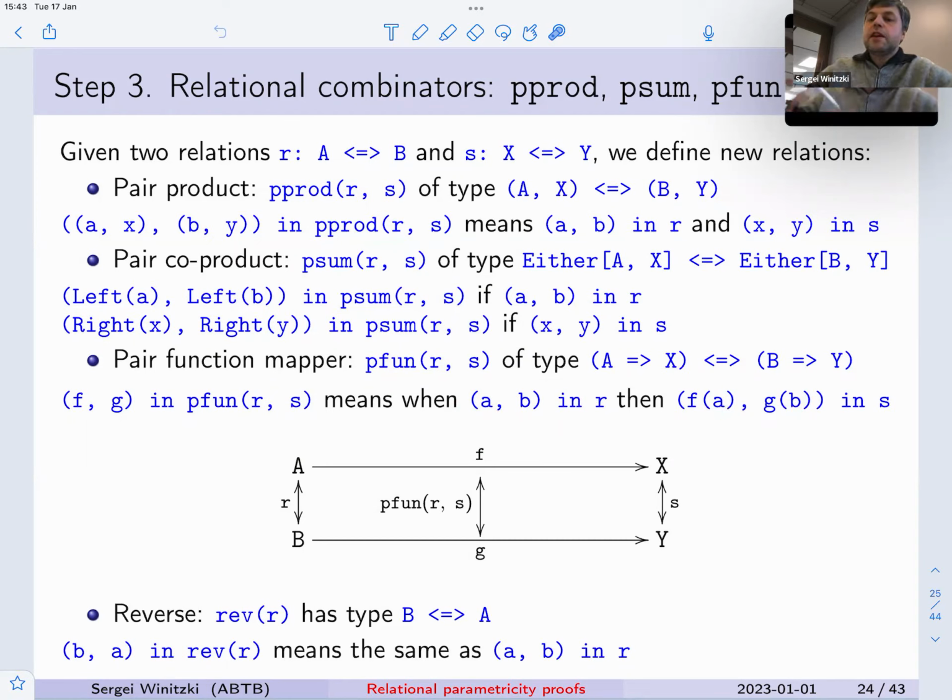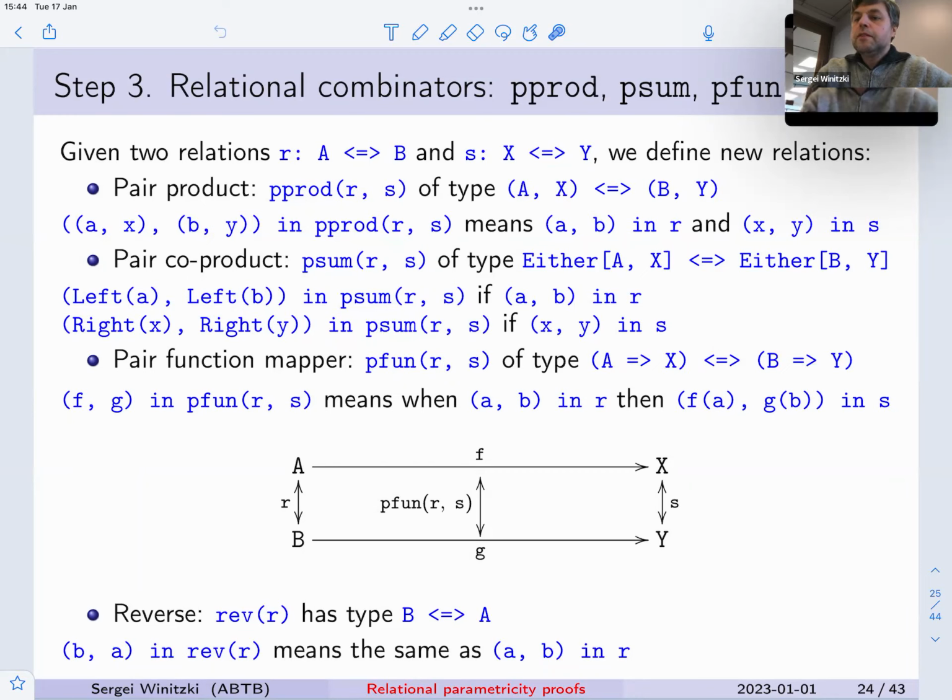But this is key. This relation is key to why you can lift relations to arbitrary type constructors, even when those type constructors are not covariant. This is because you can always lift a pair of relations into a relation between functions. And this is not possible with ordinary functions.